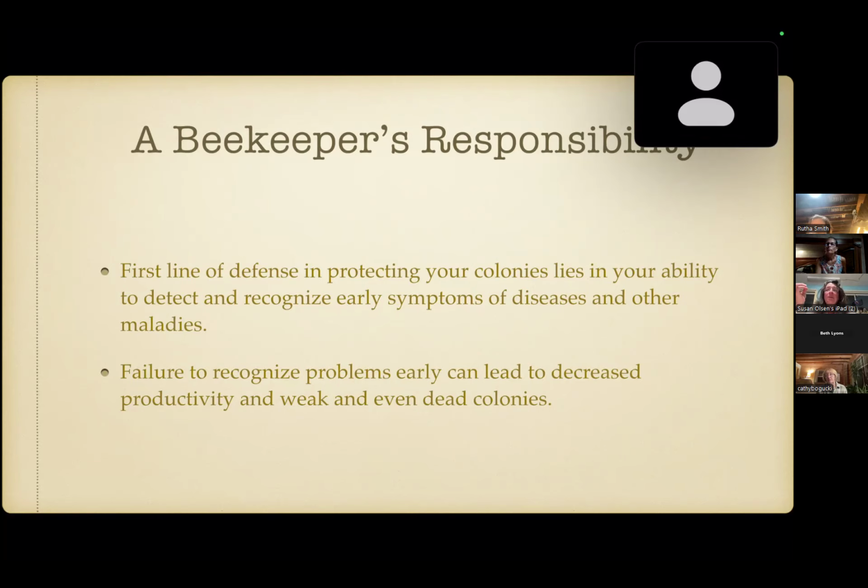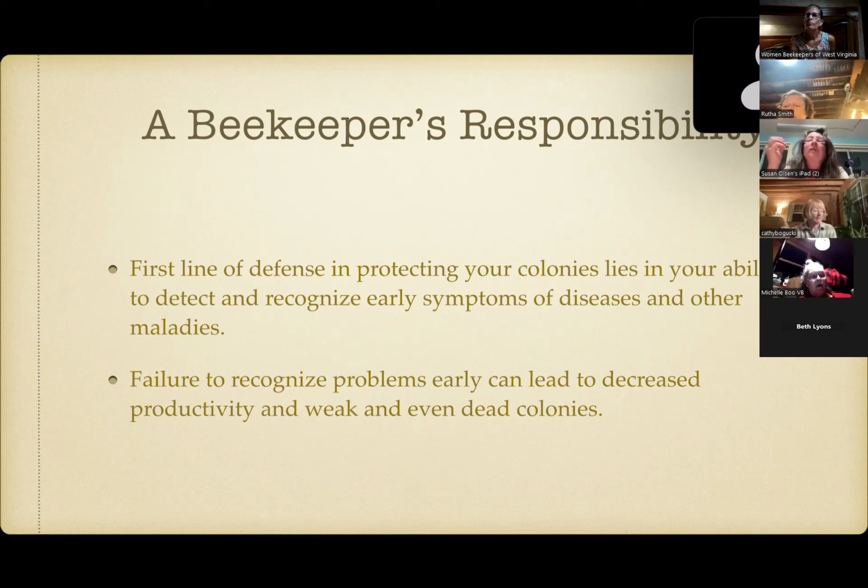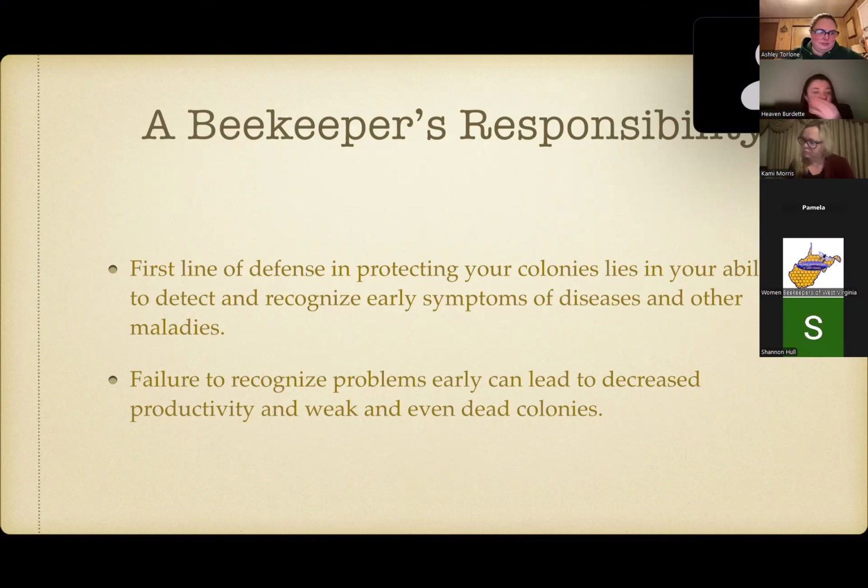This is where having a mentor or completing this class and going to Phyllis's and having the ability to spend a couple of hours looking into someone else's hive, or looking into your hive with someone who knows what they're looking at, will save you years of mistakes, because I was a bee killer for years before I became a beekeeper.